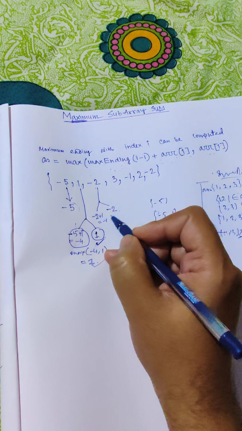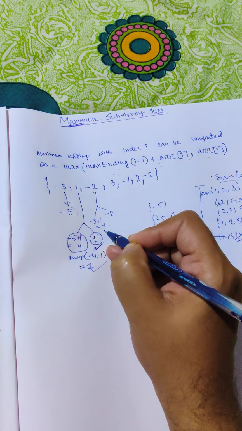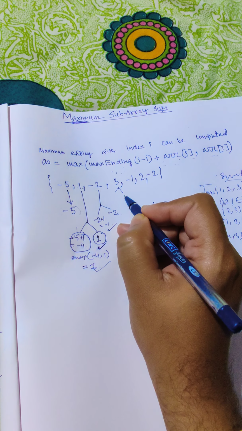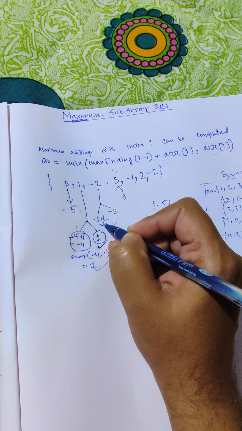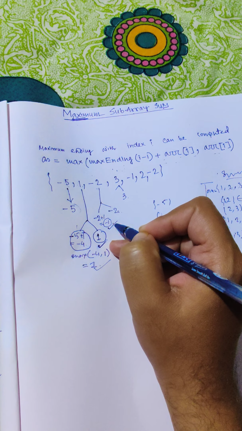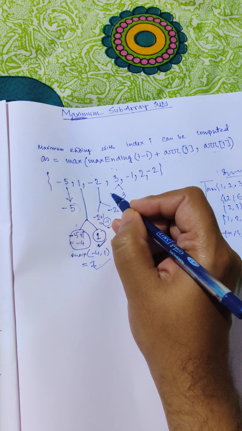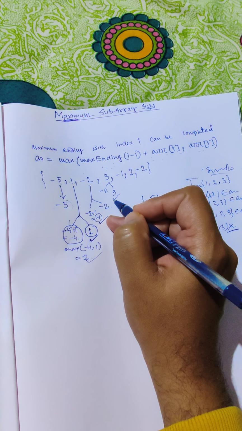So what is the maximum between -1 and -2? That is -1, right? In case of 3 also, either we can go with 3 or with 3 minus 1, which is 2. So definitely we will go with 3.